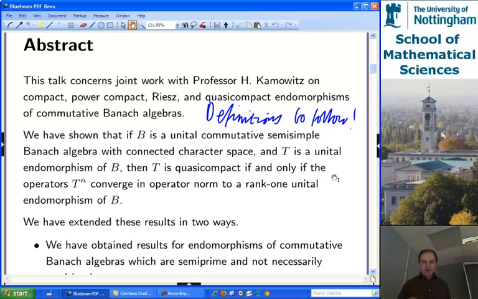This one is a proper characterization of quasicompact endomorphisms. Particularly looking at the case where you've got connected character space, just to make sure there's no non-trivial idempotents, an algebra endomorphism of your commutative semi-simple Banach algebra is quasicompact if and only if the powers of the operator converge in operator norm to a rank 1 unital endomorphism.